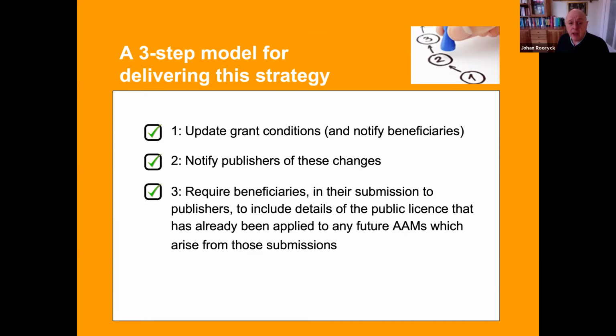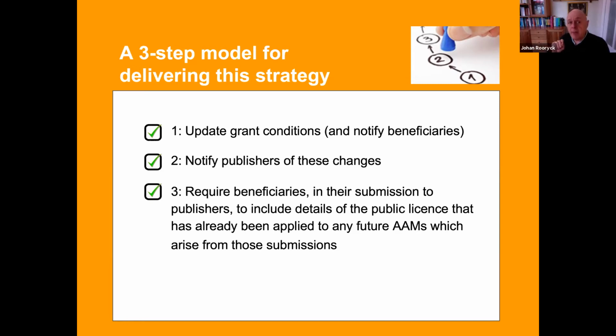And then finally, we will require beneficiaries in their submission to the publishers to include details of the public license that's been applied. So basically, publishers will have been notified twice. On the one hand, by the Coalition S organization saying, look, all our researchers in future will claim a CC BY license on the AAM. You are hereby notified.